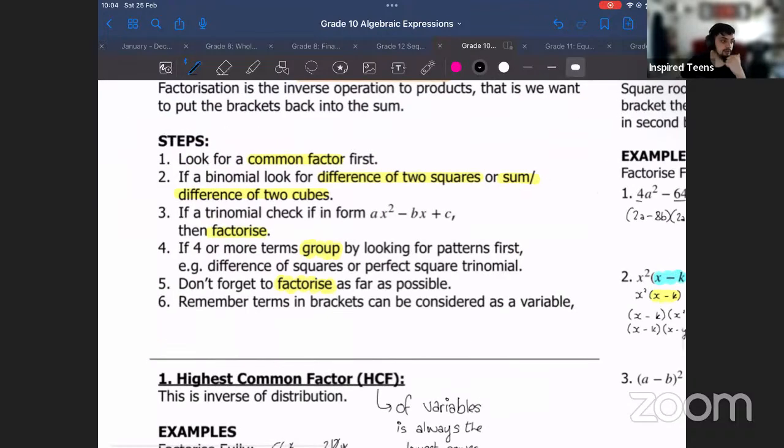If we remind ourselves of our steps, we look for a common factor first. If it's a binomial, look for difference of 2 squares or sum or difference of 2 cubes. If it's in trinomial form, then do trinomial factorization. If there are 4 or more terms, you can try to group. Don't forget to factorize as far as possible. And remember, terms in brackets can be considered as a variable.